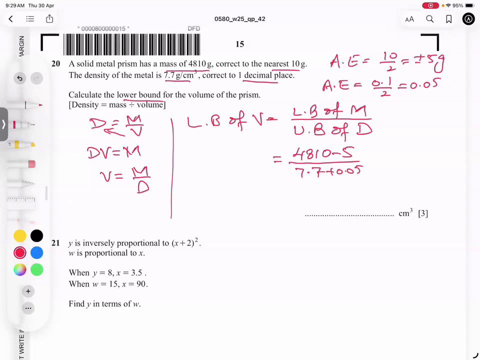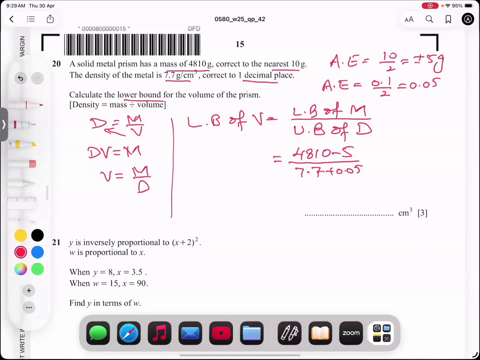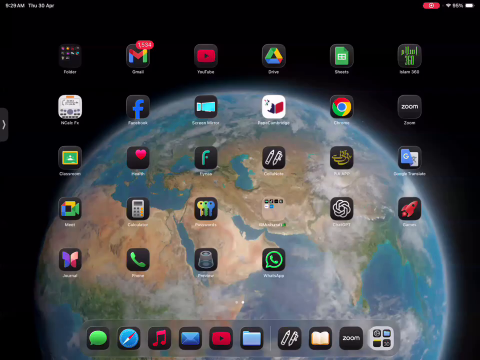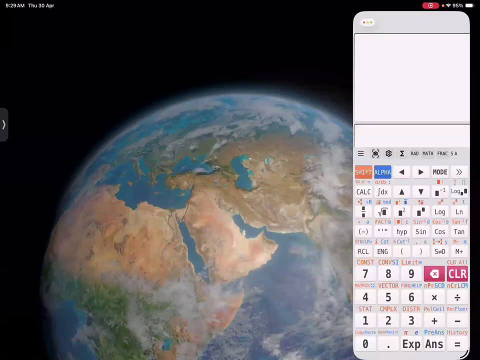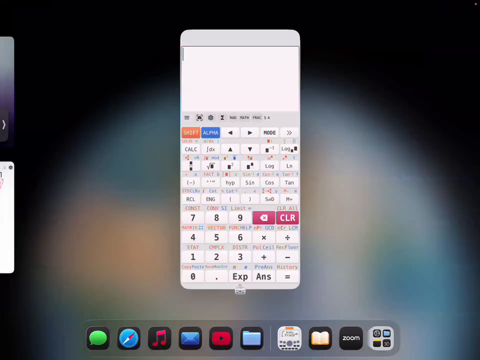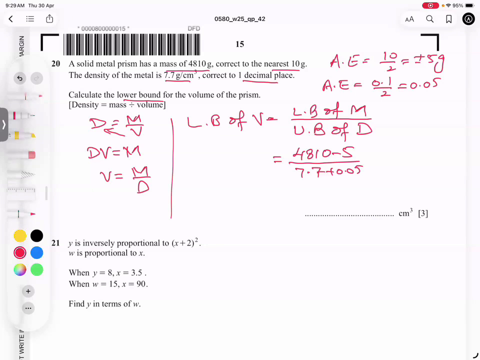And now we can go on our calculator. All right, so have a look now at the numbers we have. So 4815, okay, 4810 minus 5 naturally turns out to be 4805.